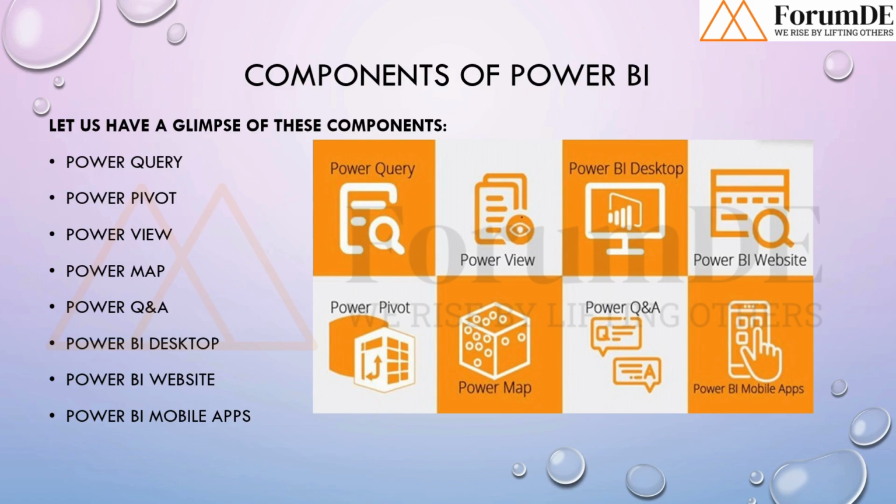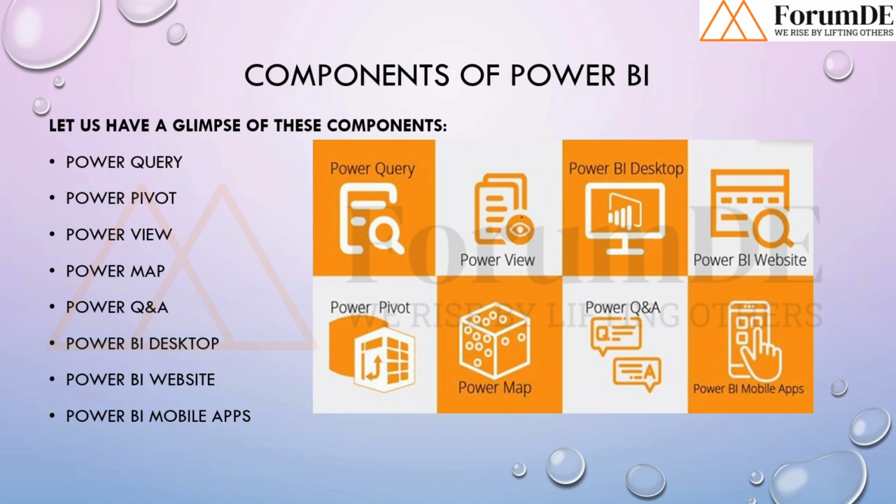Power Pivot is a data modeling tool that is responsible for setting up the connection between multiple tables coming from different data sets, and establishing a link so that we can call any type of value from any specific table inside the data model. So that is called Power Pivot.